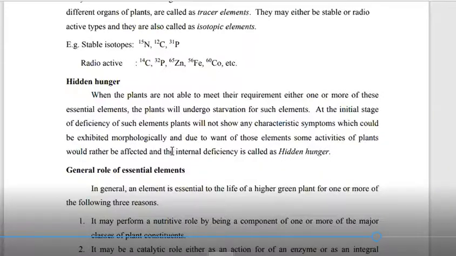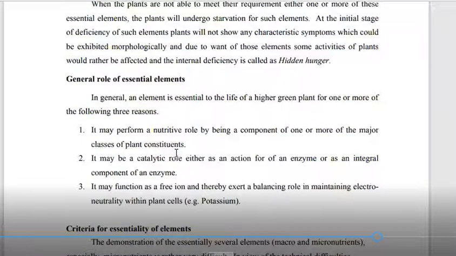Then what are the general roles of essential elements? In general, these elements are essential for the life cycle of a higher plant, and the plant mineral nutrient is essential for the growth and development of the plant.